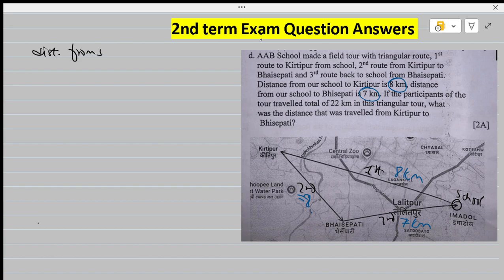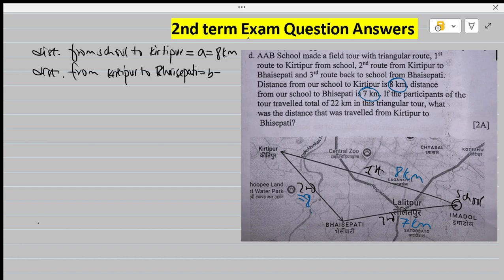Distance from school to Kirtipur, so this is the first route, which I suppose is A, and it's already given as 8 kilometers. And then distance from Kirtipur to Vaisipati, that is supposed here to be B, and this we have to find.